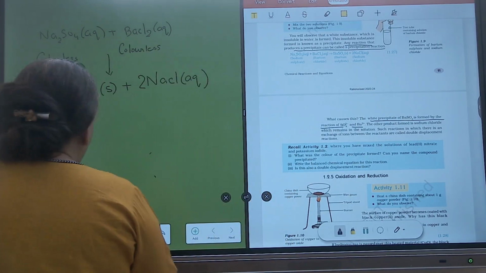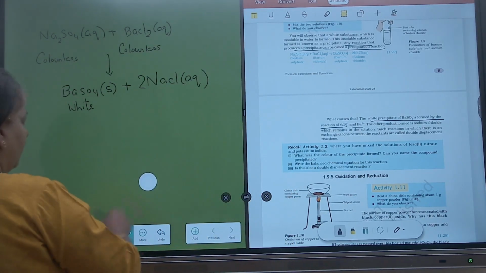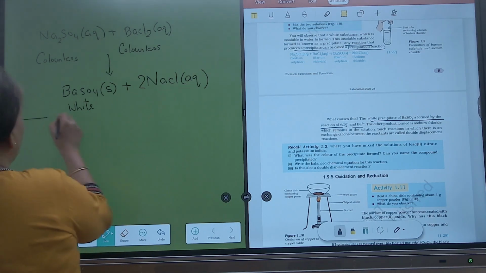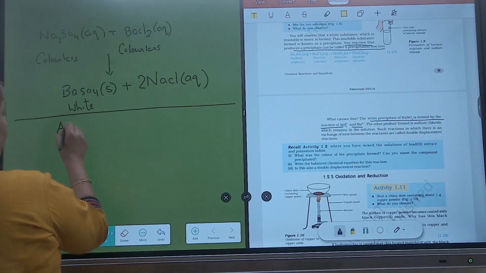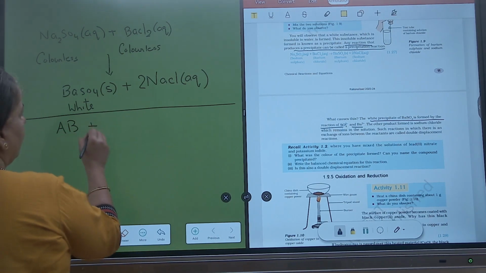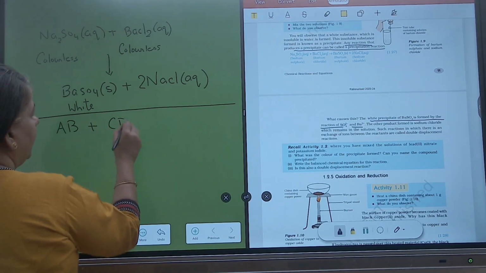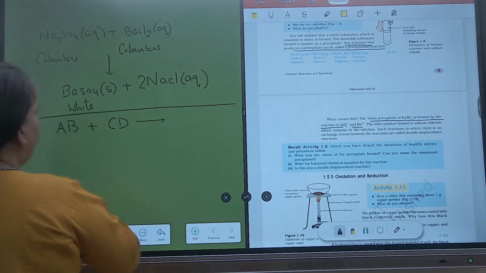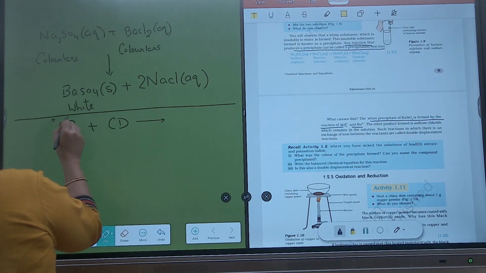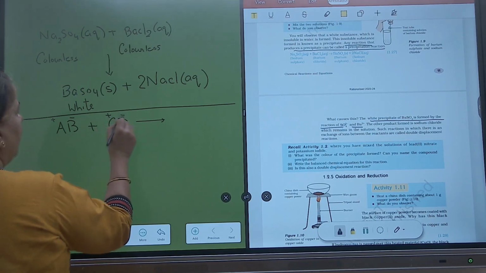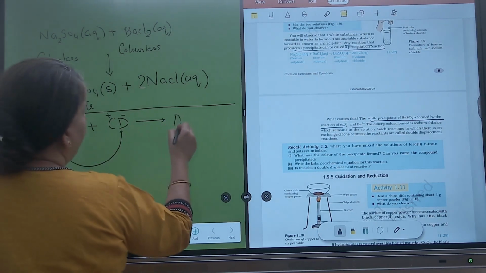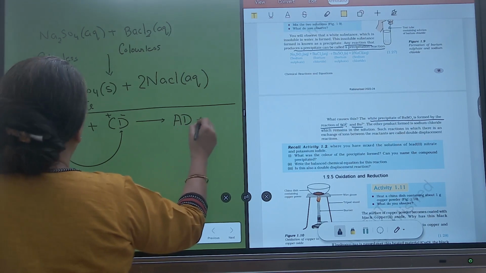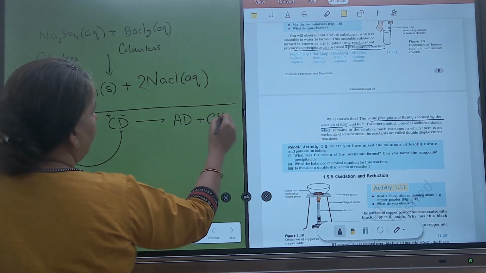See, double displacement reaction basically means, you can understand this from the general form of the equation. If we take a salt AB and another salt CD, so what will happen? There will be exchange of ions. So A will combine with D, so we get AD plus CB.